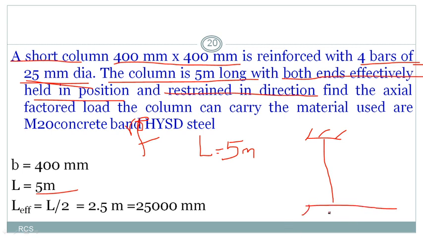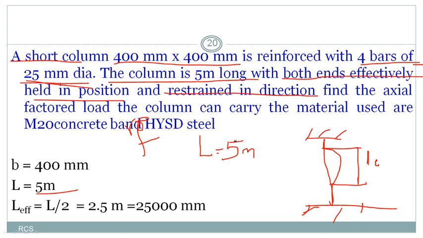Then we need to calculate the effective length of the column. So this is how we calculate the effective length of the column. This is the buckling, or I can say bending, direction of the column. This will give me the effective length, Le. According to the code, we know how to calculate Le when this condition occurs.